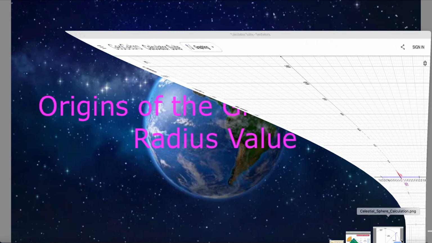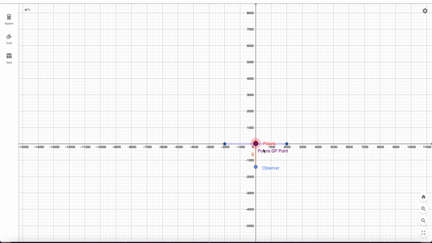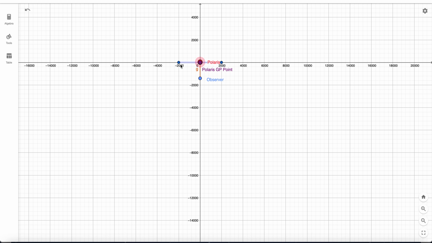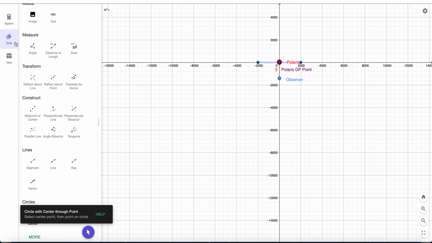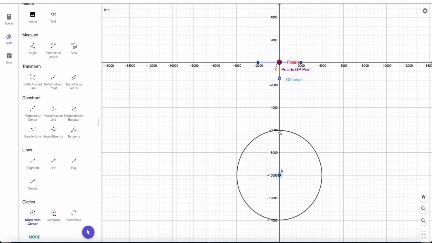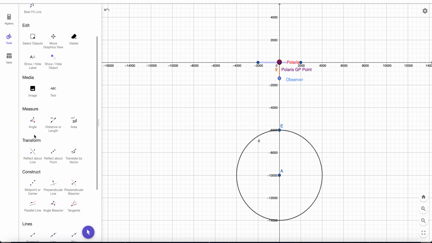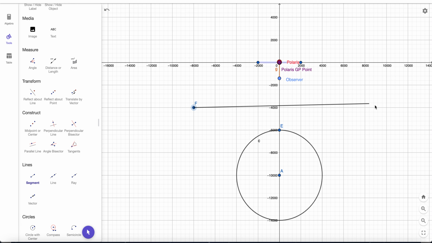Well, if we go back to GeoGebra, what they did is this. So let's just say this line here represents the 21,600 nautical miles. So if I just get a circle with a center, and I just go to here, and get a line, segment that line, go from here to here.